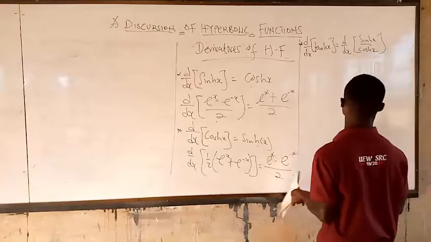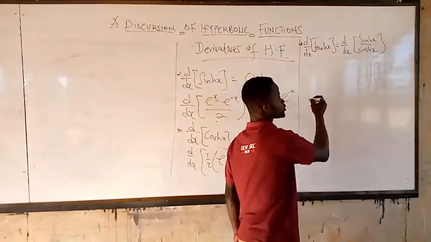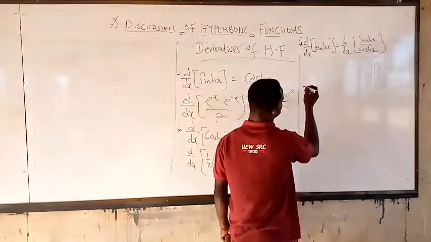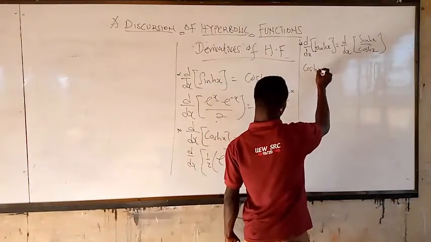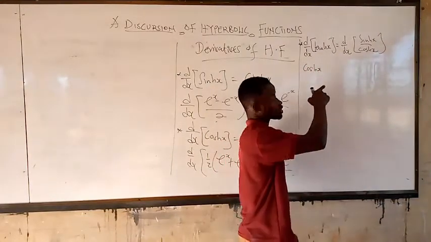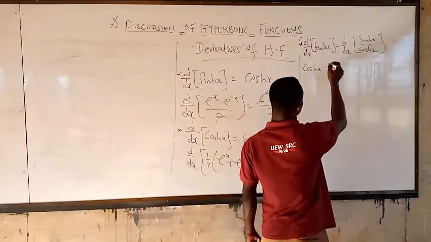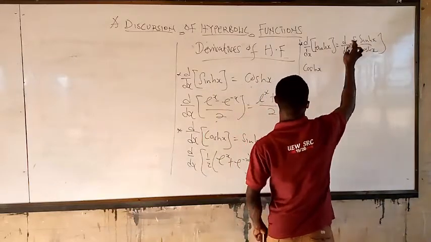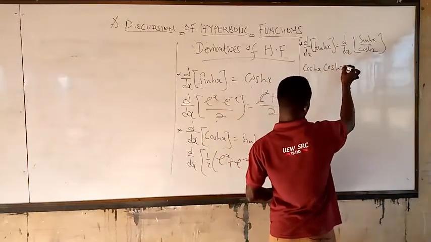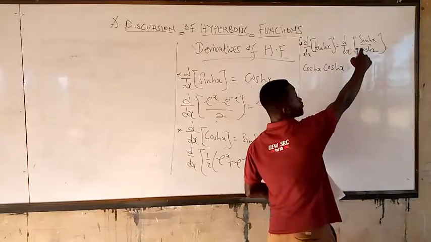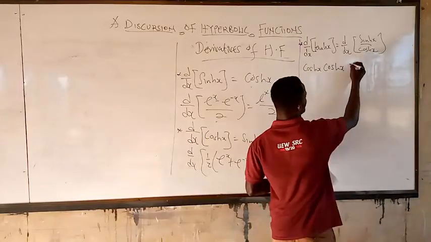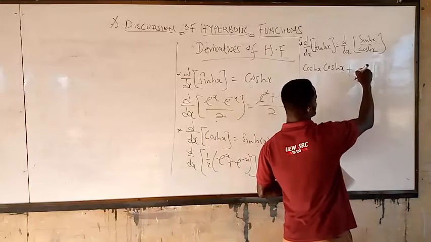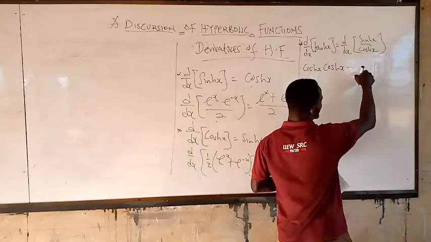Quotient rule. So, as we do for quotient rule, calculus 1, we go low, and that is for quotient rule. So, low, the high, the high. So, when you differentiate this, you get what? Cosh s. Because the derivative of sinh is what? Cosh. Plus, so low the high minus high the low.